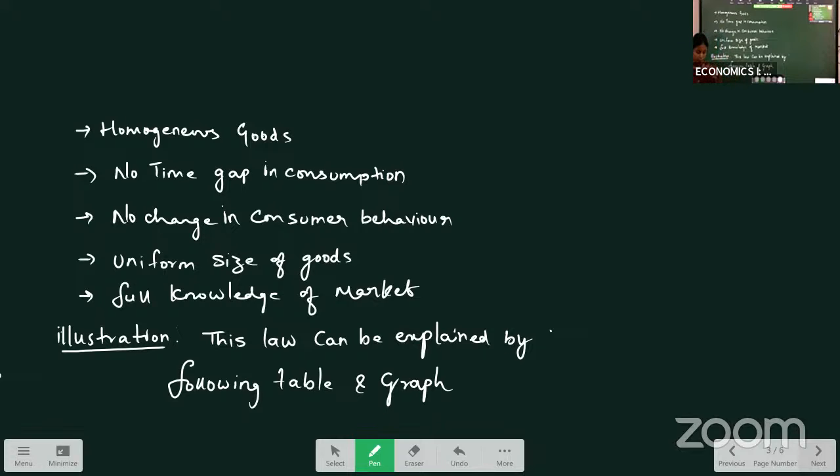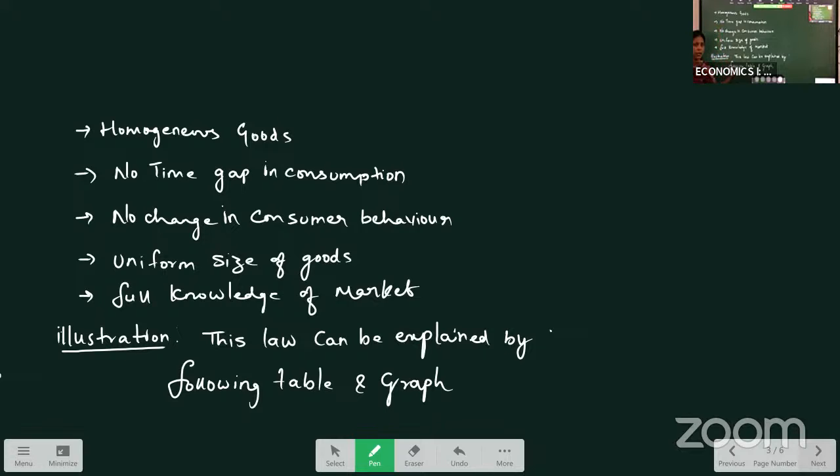When we explain the law, when we are consuming continuously, we assume that there is no time gap in the consumption. Then only we can explain this law. Okay. No change in consumer behavior. Uniform size of the goods. Full knowledge of the market. We assume consumers have full knowledge about the market, right? So these are the assumptions over here.